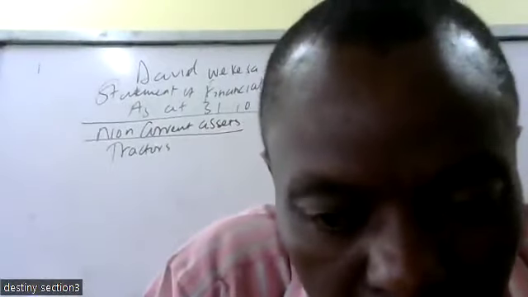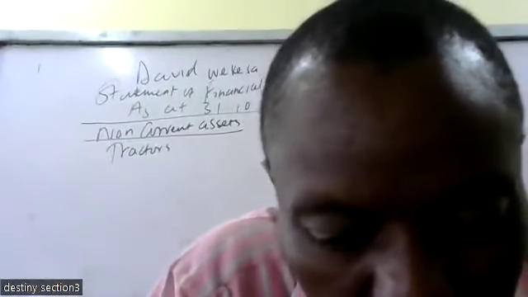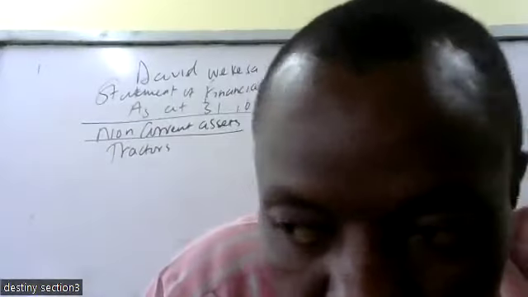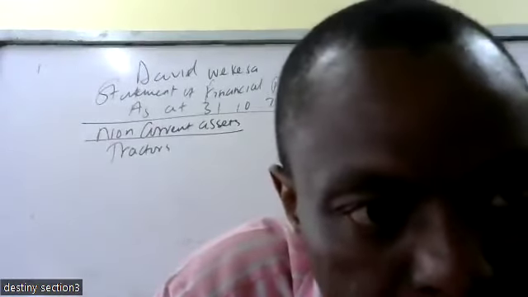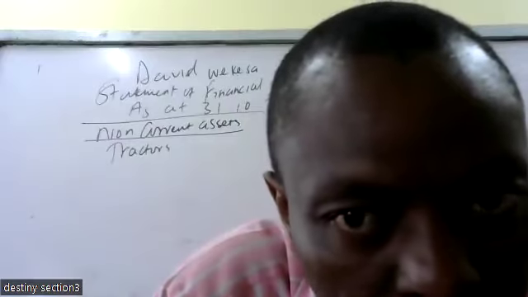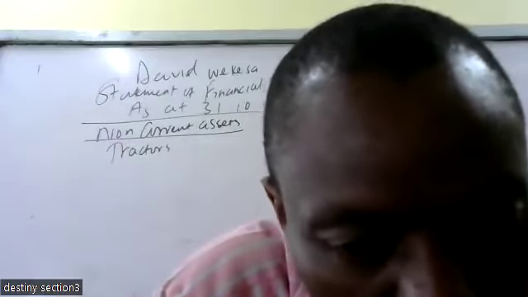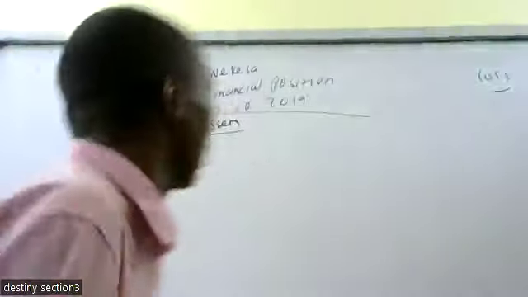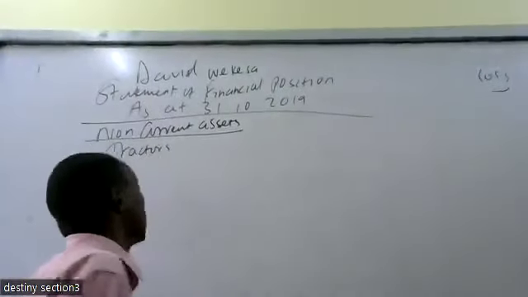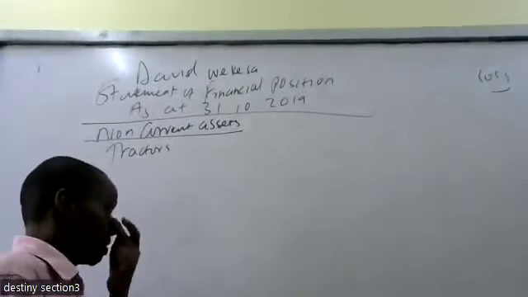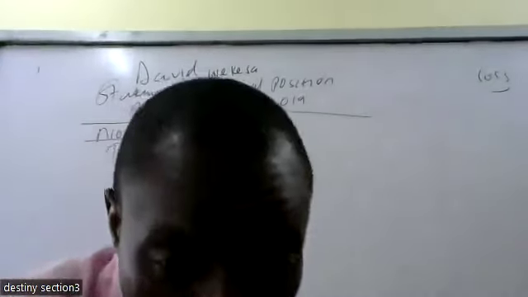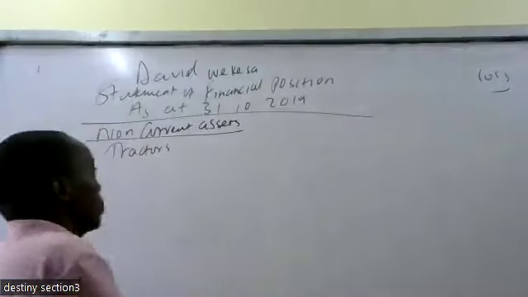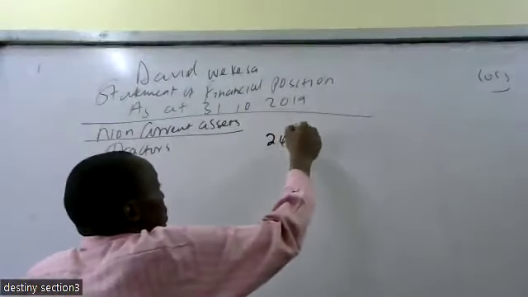Subtract depreciation on tractors. Take the book value that had been given, subtract the current year's depreciation. How much are you going to come up with? $24,300, good.